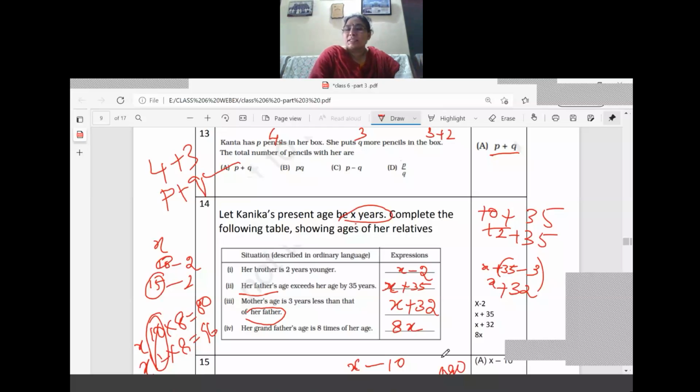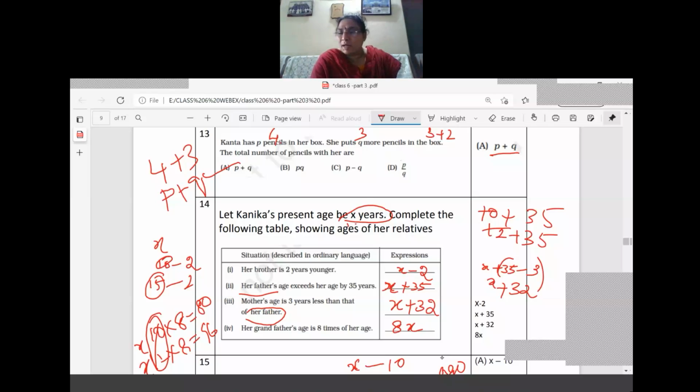So what is the condition they had given? Her brother is 2 years younger. So from the x, you should deduct 2. That means x minus 2. Her father's age exceeds her age by 35 years. That means add 35 to her age. So x plus 35.